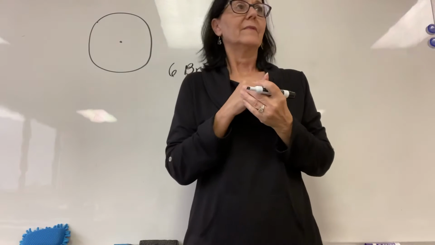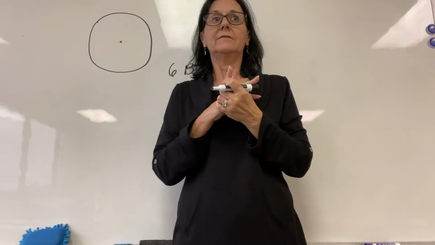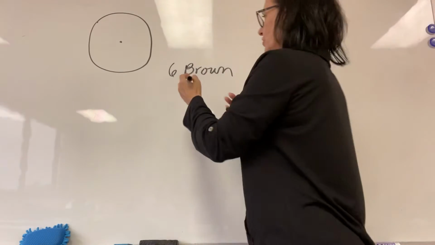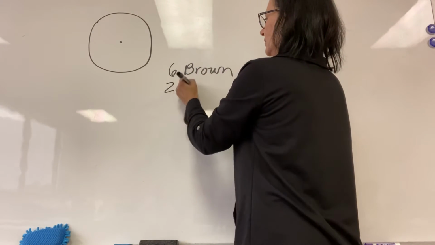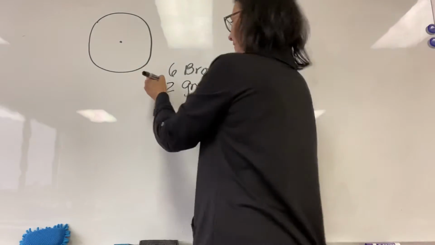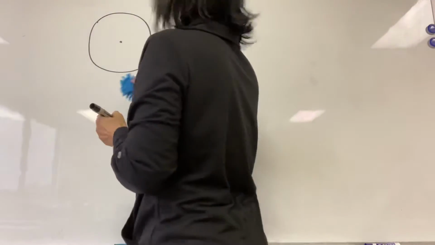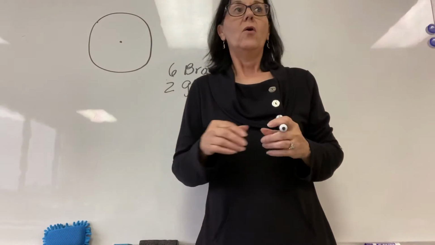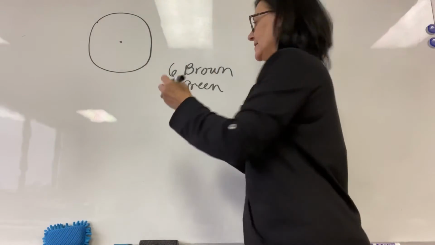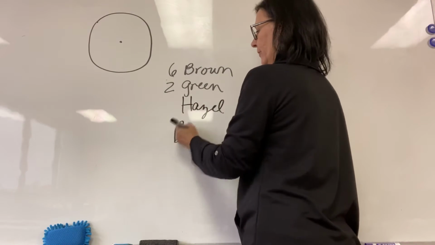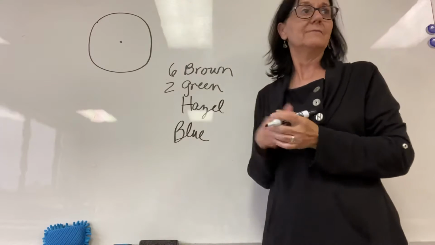Okay. Who has green? 2 green. 3 green. You're green? I don't know about hazel. It might be hazel, but from here. Let's put it in hazel. We'll have another category. And then we'll go blue.